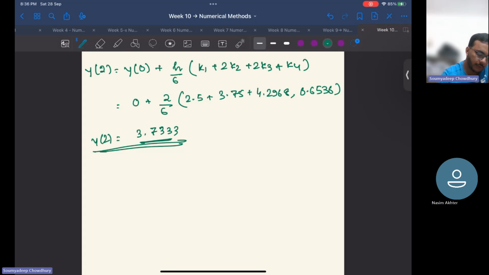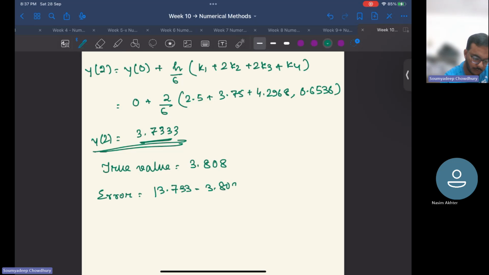So what was my true value? True value was 3.808. So you can understand the error is very less here. This is basically 3.733 minus 3.808, so the error is only 1.96%.